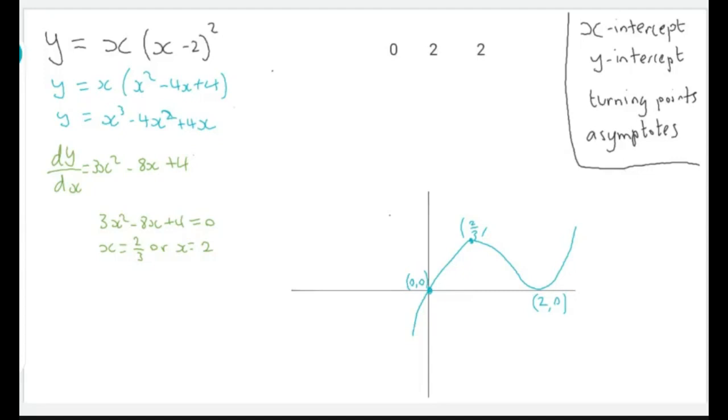The x-axis 2. I don't understand. Sorry, say that again. Oh, sorry. I thought you were talking about the turning point for x equals 2. Yeah, that one's 0. So what's your reasoning for that anyway?